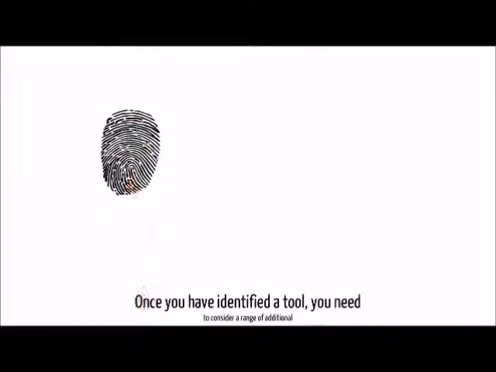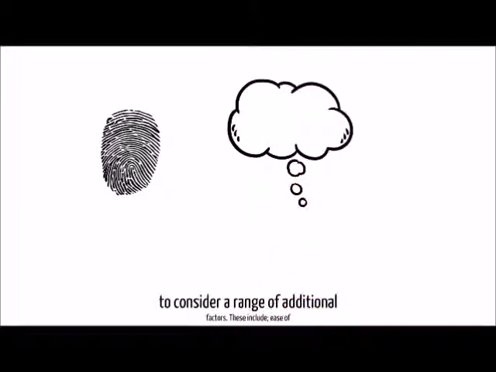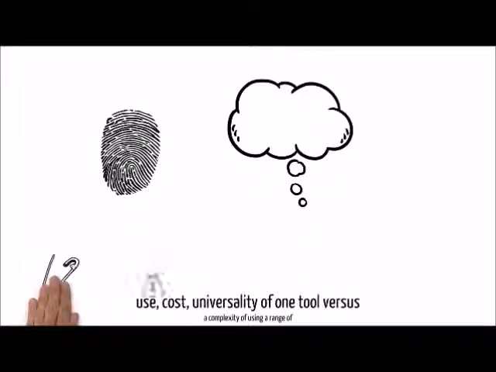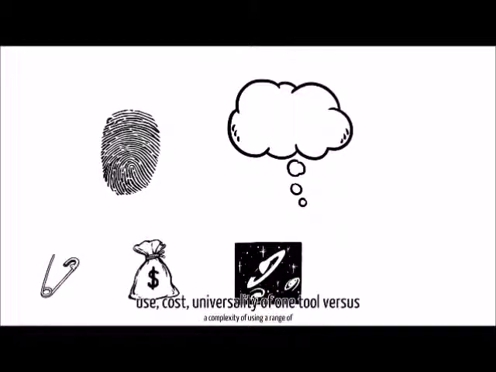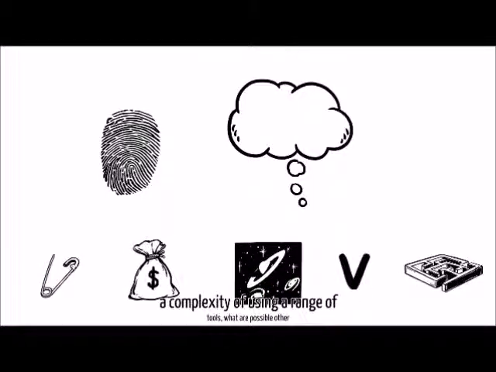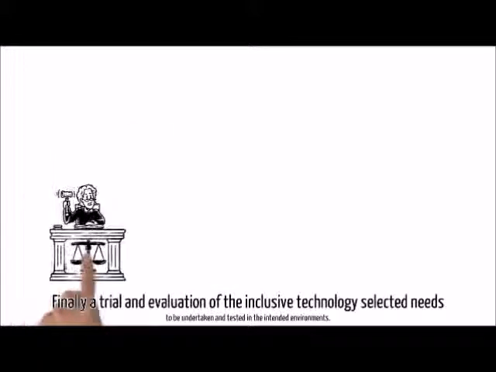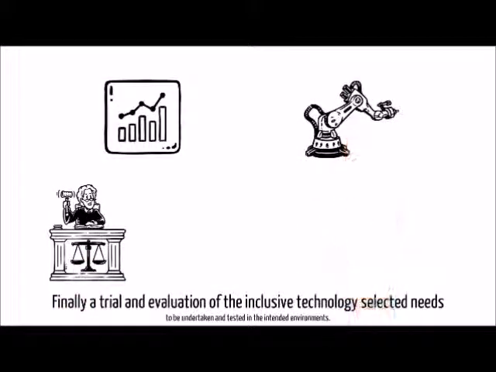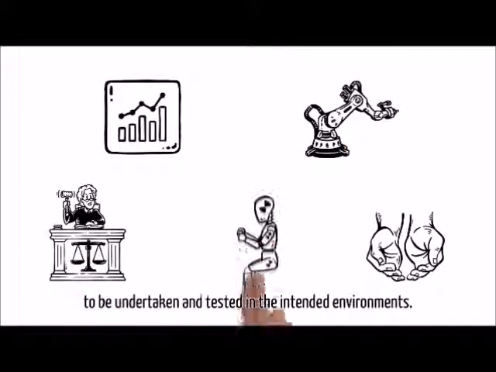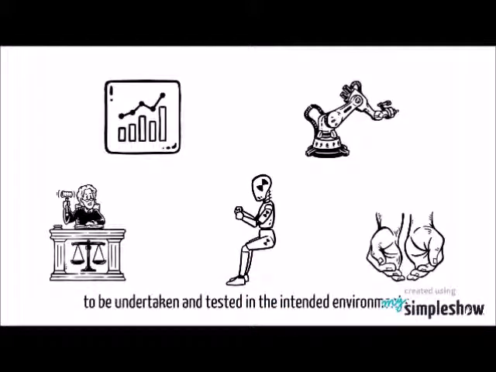Once you have identified a tool, you need to consider a range of additional factors. These include ease of use, cost, universality of one tool versus a complexity of using a range of tools, what are possible other non-tech options. Finally, a trial and evaluation of the inclusive technology selected needs to be undertaken and tested in the intended environments.